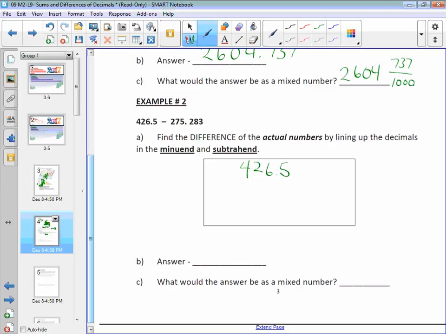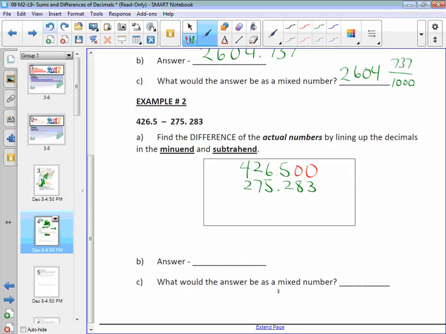Have to line up everything by decimal. What should I put here? Got to put zeros there. Called annex zeros.